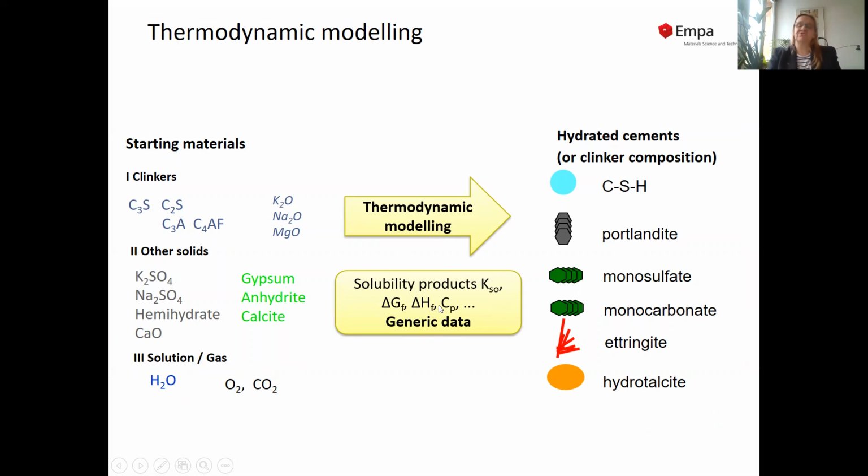All these data are generic data, which means that they are specific for each solid and can be applied in a beaker of water or in a cement or in a geological environment.